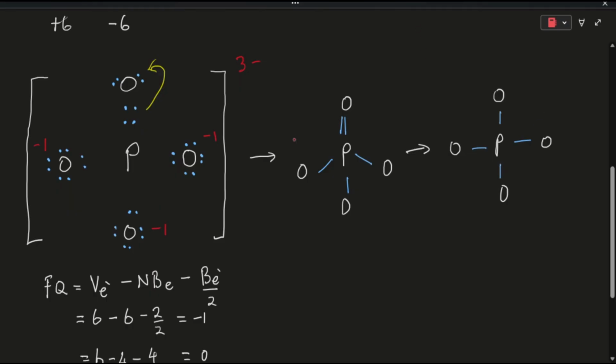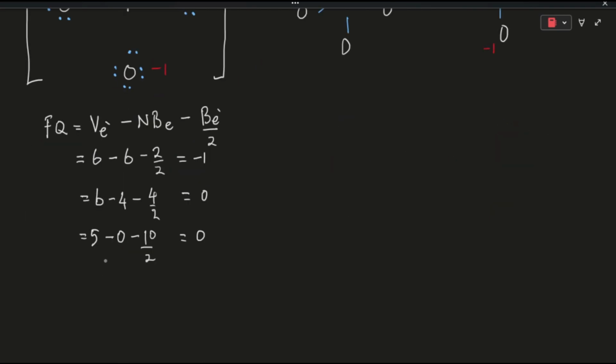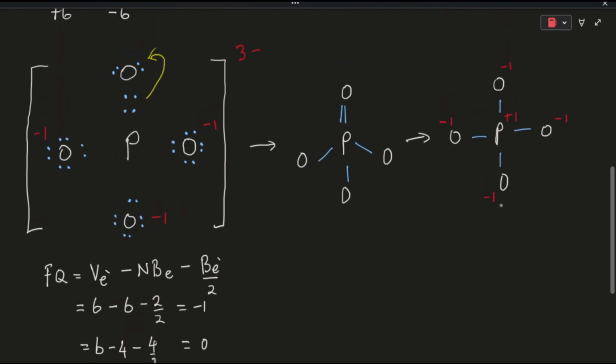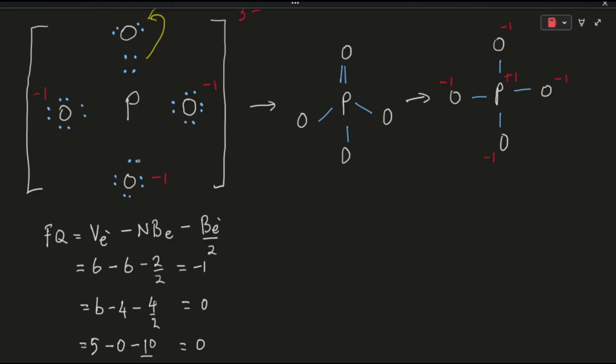Which means that we're going to have the formal charge on oxygen as -1, here as -1, here as -1, and here as -1. And the formal charge on phosphorus will now become +1. In that case, the valence shell electrons of phosphorus remains 5. The non-bonding electrons remain 0 because all are involved in bonding to one oxygen atom or the other. But the bonding electrons will now be 8.